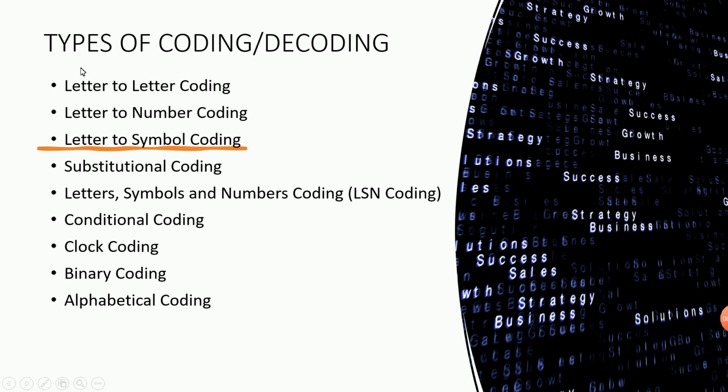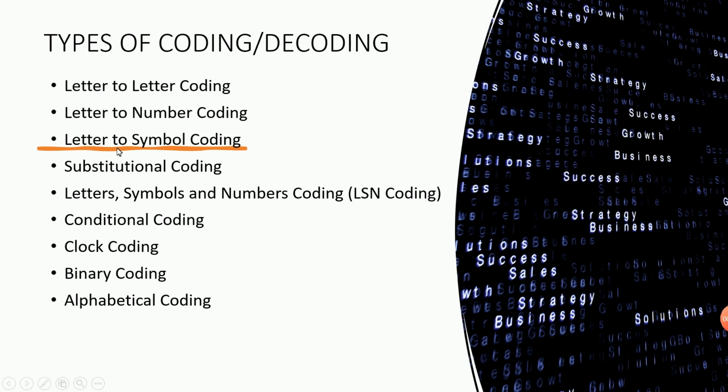When a letter series is given, you code that into another set of letter series. Then letter to number: you are converting the given letters to a different set of numbers. Then the third one is symbol, then substitutional coding, which is also similar to letter coding.